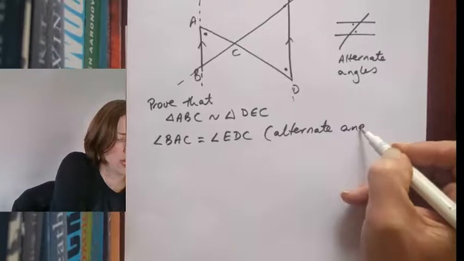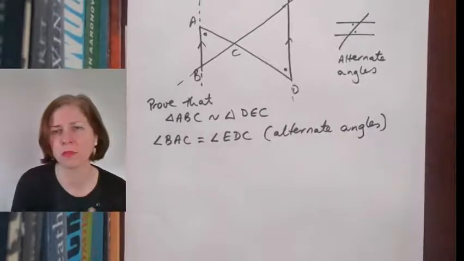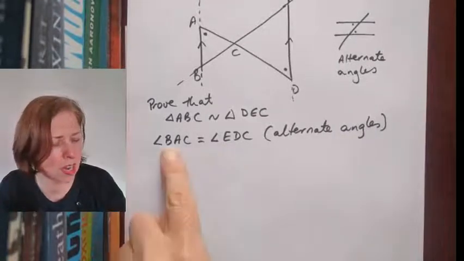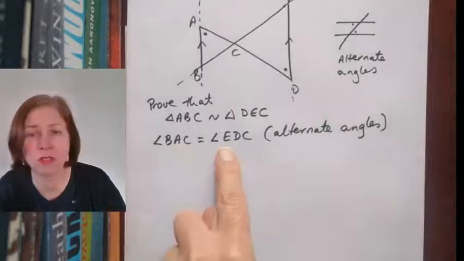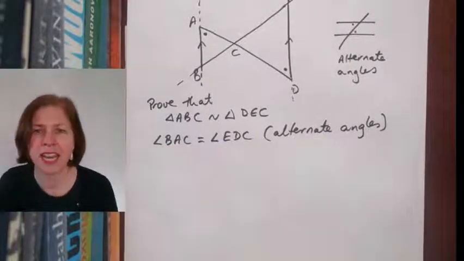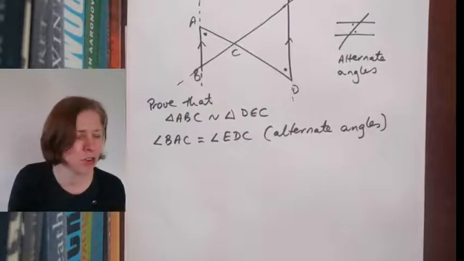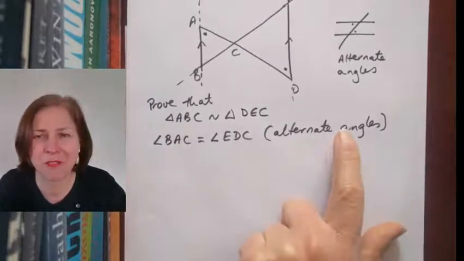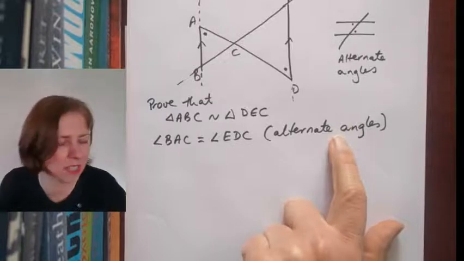They are alternate angles, which means they must be equal. So what I've done in my working is I've identified two angles that are equal, and I've given a reason that I know they're equal.